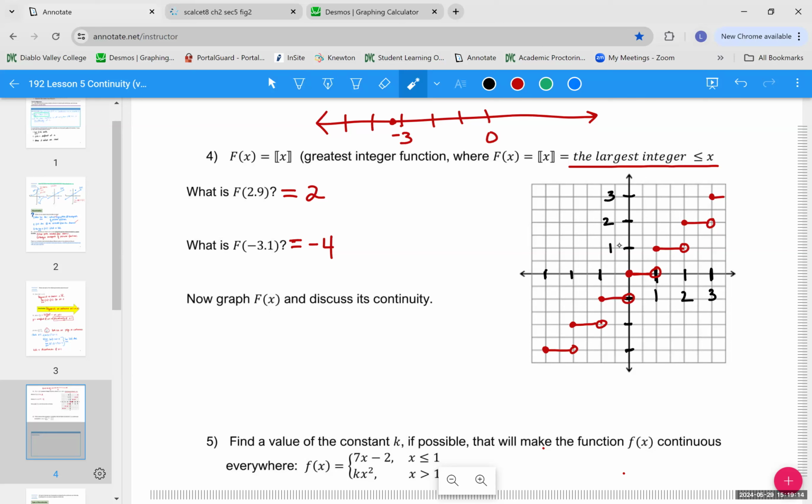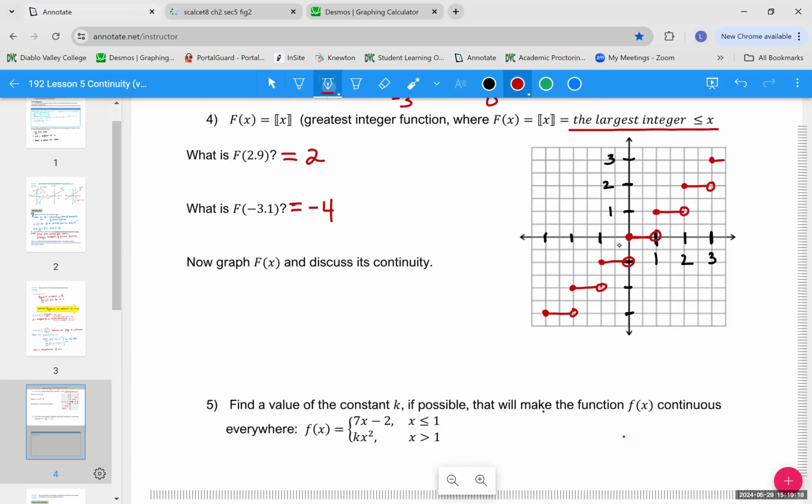So now that we have a picture, it's pretty easy to discuss its continuity. You can tell just by looking at the picture. Where is this going to be discontinuous? It looks like it's continuous everywhere in the middle of these steps, but at every place where it jumps from one value to another, it's definitely going to have a discontinuity.